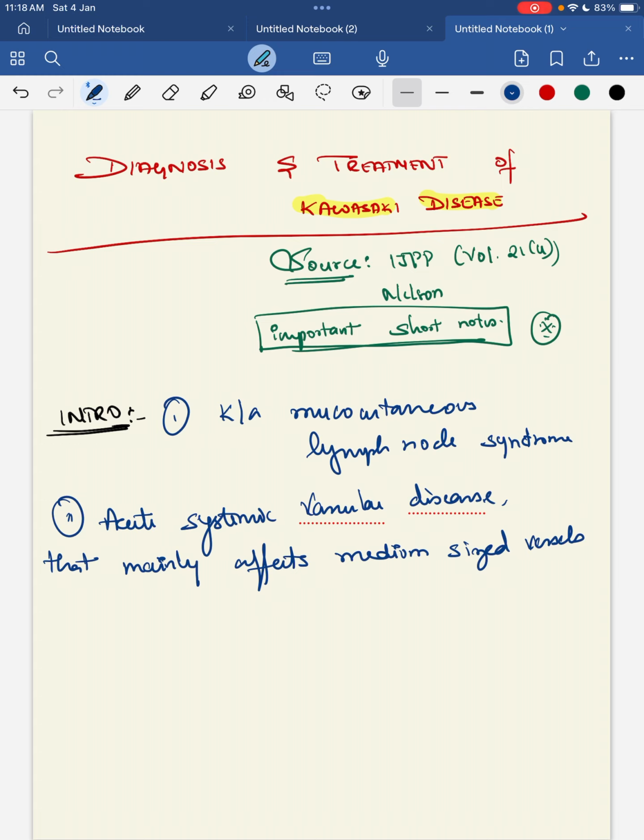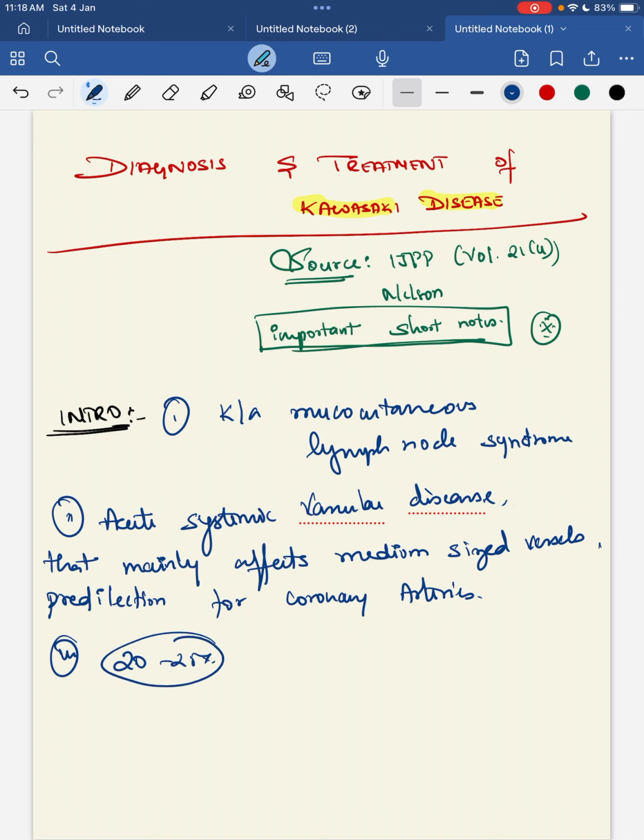So they mainly have a predilection for coronary arteries, right? Around 20 to 25% of children who are left untreated develop coronary artery abnormalities, compared to less than 5% of the children treated with IVIG.